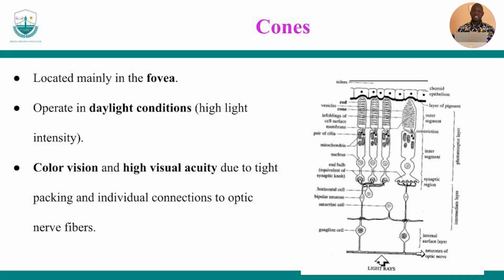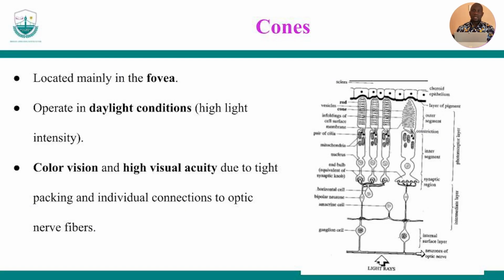Okay, they're very good in well-lit environments, or when you have sufficient light, the cones are good to use. So they operate in daylight conditions, high light intensity. They're also very good at color differentiation. That means that they are the ones that help us perceive colors properly.